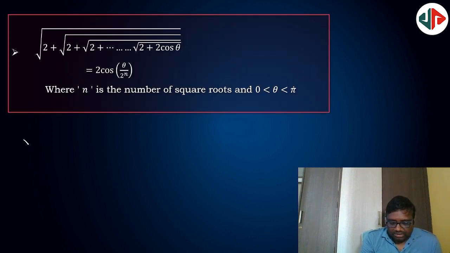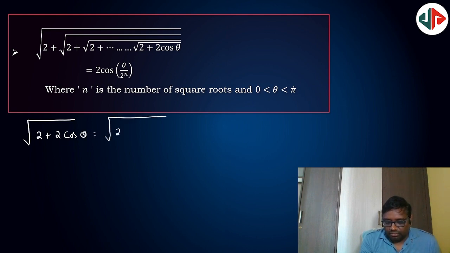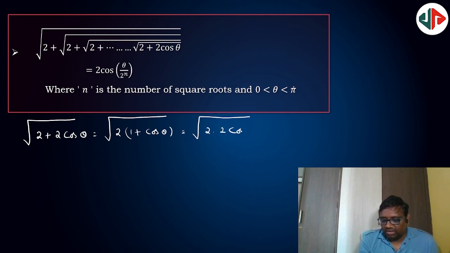Here, square root of 2 plus 2 times cos theta is given. Can we rewrite this as square root of 2 times (1 plus cos theta)? Now, 1 plus cos theta, what can I write? It is 2 times cos square of theta by 2.